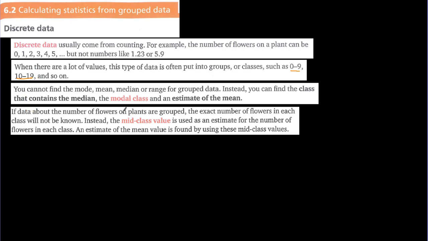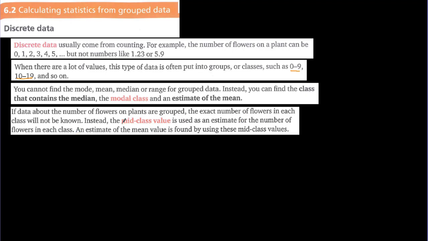If data about the number of flowers, let's say on plants, are grouped, the exact number of flowers in each class will not be known. I'm going to give an example. Instead, the mid-class value is used to estimate the number of flowers in each class.